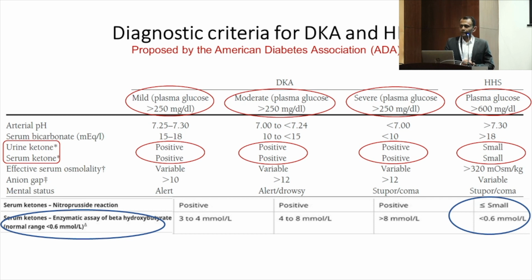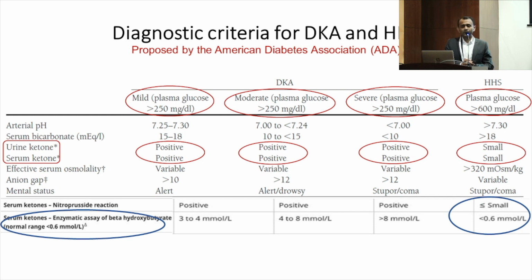HHS is different, with plasma sugars more than 600. But pH is generally not affected; it is more than 7.3. Bicarbonate is more than 18 or 20. Ketone bodies are mostly absent or very small. And osmolality is quite high in HHS, unlike DKA.